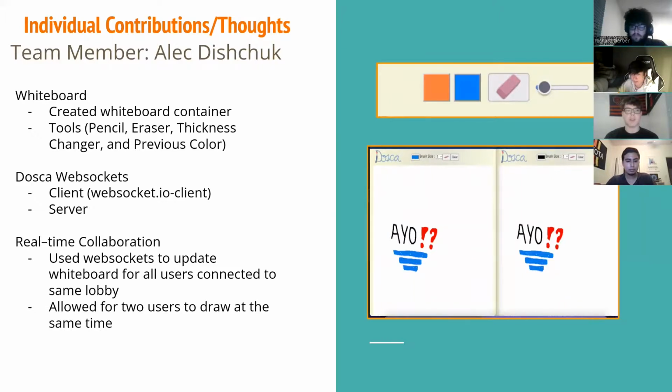So I installed and connected the client WebSockets, IO clients, and then I also connected that to the server. And then, using these WebSockets, I was able to implement real-time collaboration, obviously not as fast as we wanted originally at 1 millisecond, but fast enough where you could reasonably work together with a teacher at the same time and allow for multiple users to join the lobby.